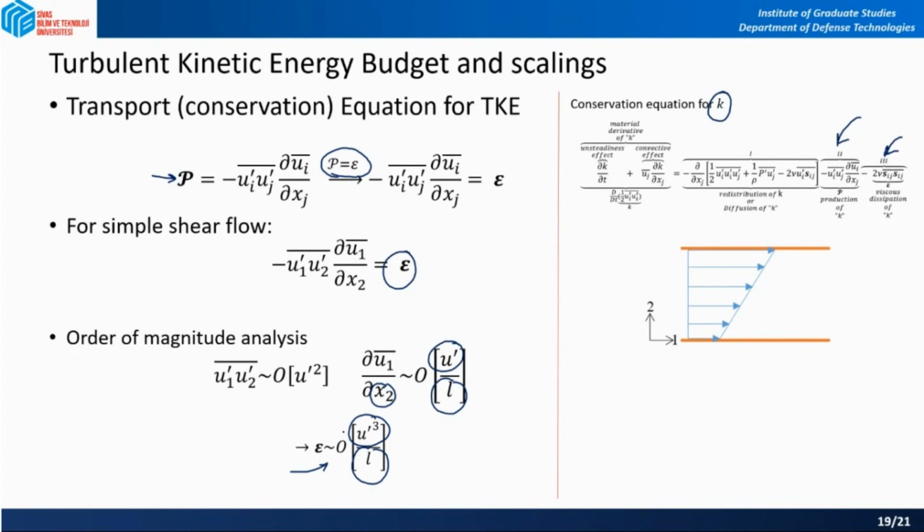So it seems that for a strange reason, if your delta U bar and your L stay the same for different Reynolds numbers, this epsilon also stays the same. So it's not Reynolds number dependent.